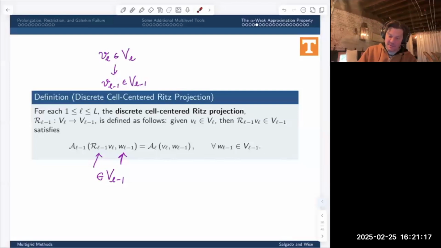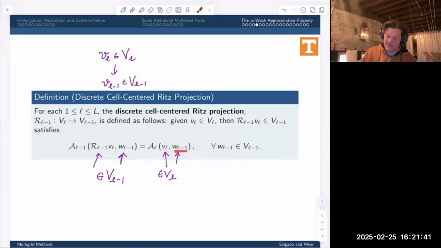Now, what about these guys? For this operator on this side, we need both of these functions to be in VL. So I need both of these objects to be in VL. Let's see. The first thing is in VL by supposition.